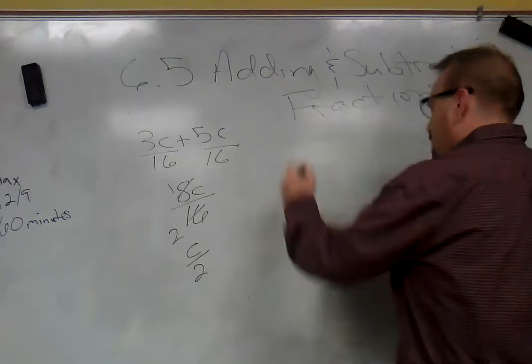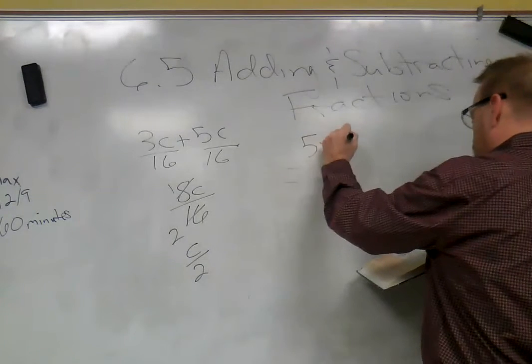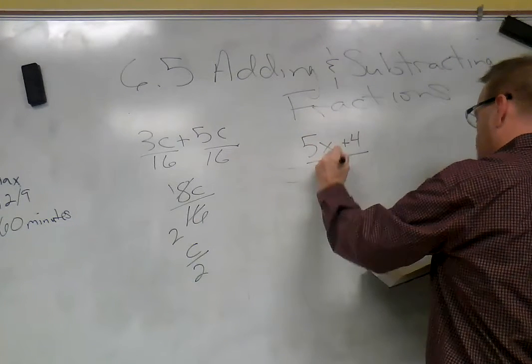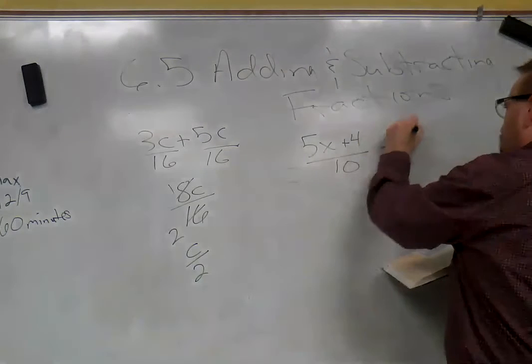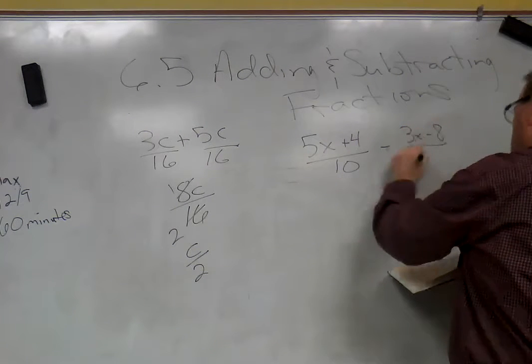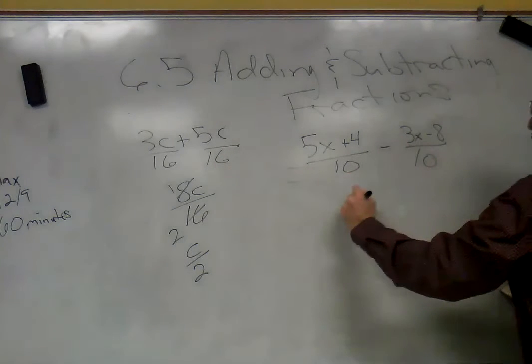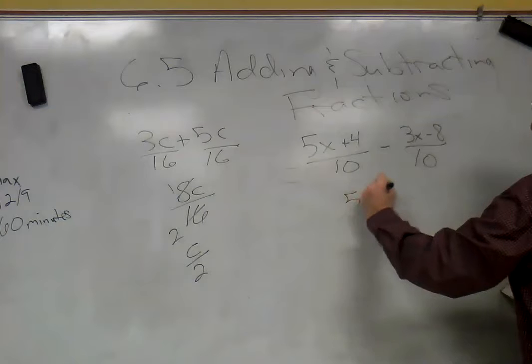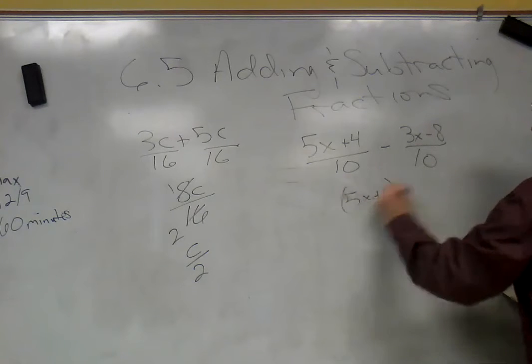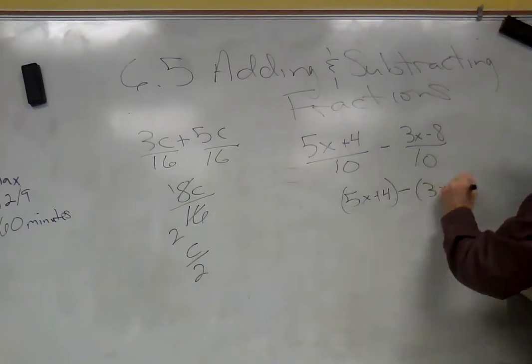And that's all right. So now let's start with a common denominator, but throw in the more involved expressions on the top. So we still have a common denominator. So now on the top, basically we need to take this problem. 5x plus 4 minus 3x minus 8.